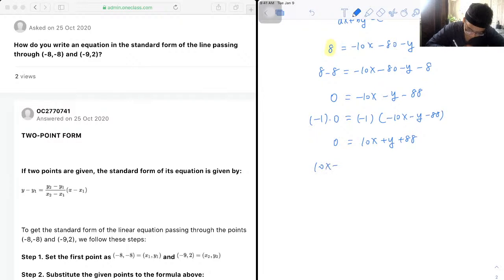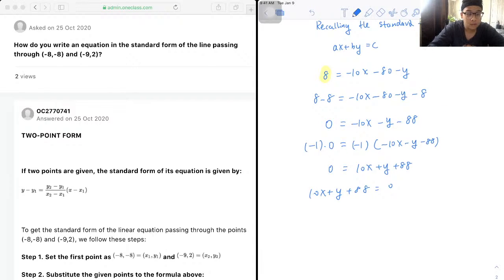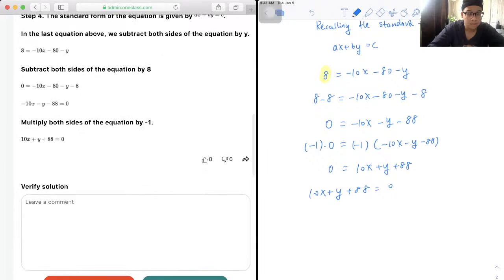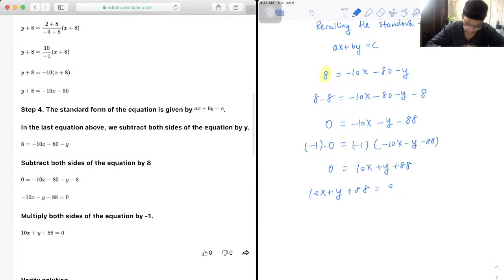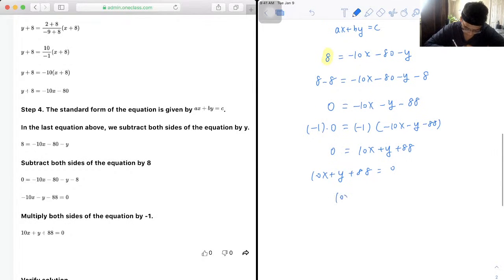And here is our final answer: 10x plus y is equal to negative 88.